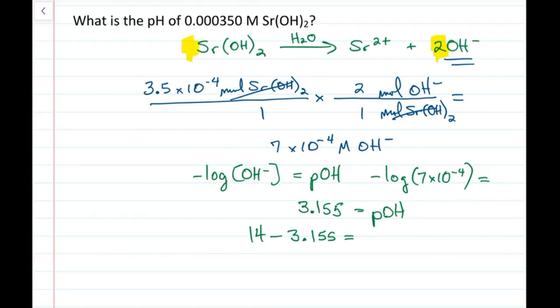So you get 10.845, so 10.85. Oops, or actually, if I'm rounding to 3 sig figs, I don't want to round twice. So it'll just be 10.8. Which makes sense because this is a base, so it should make sense that we get a basic answer.